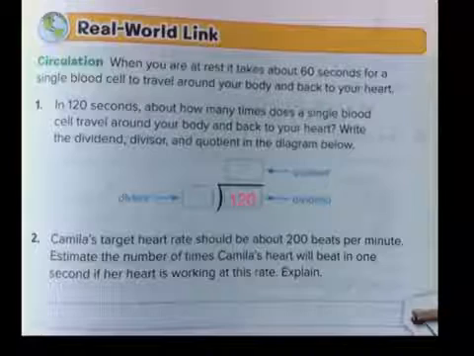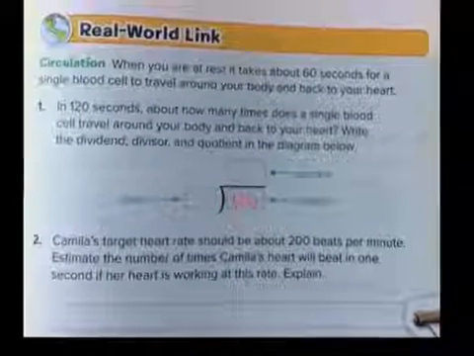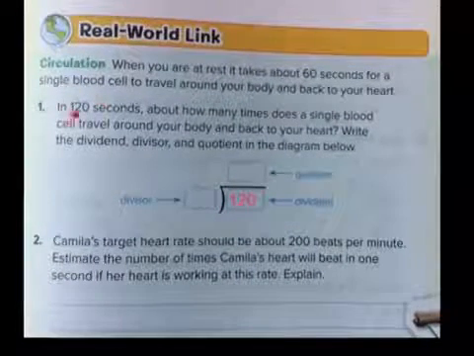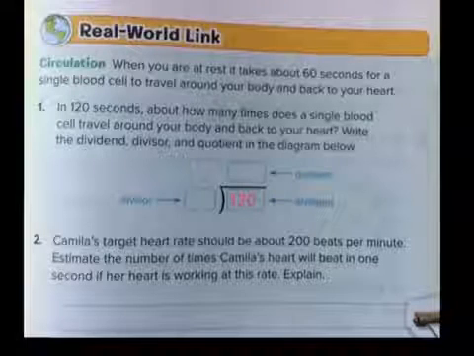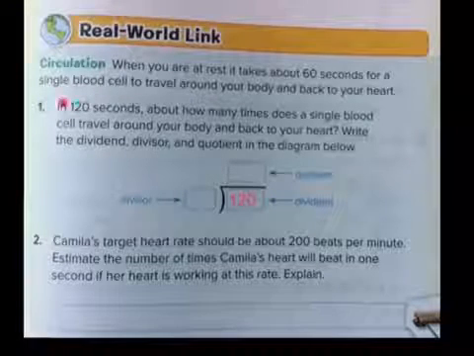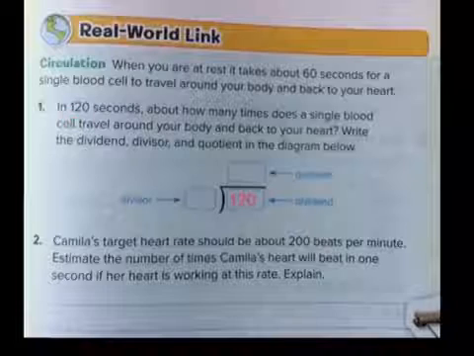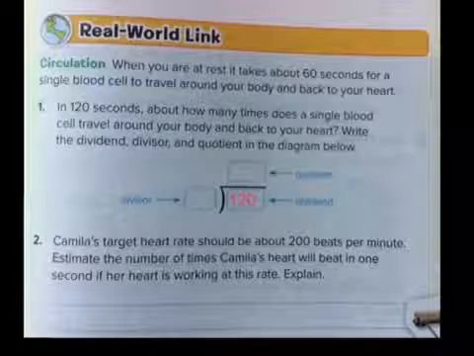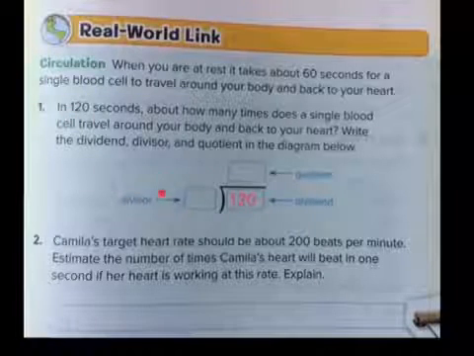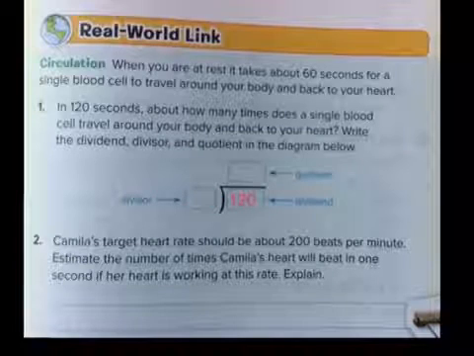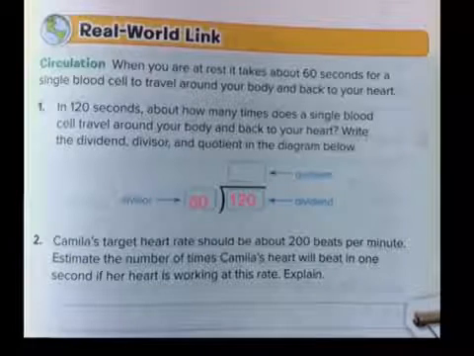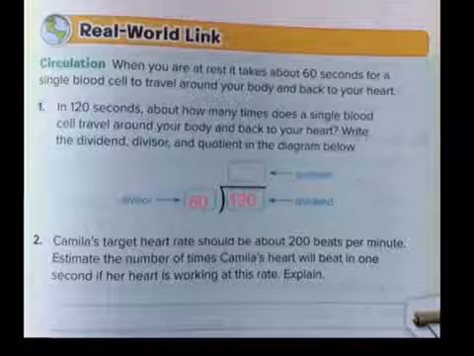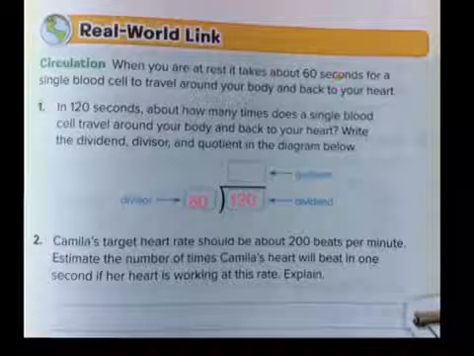So we're looking at 120 seconds as our dividend, because we want to know about how many times it has traveled in this period of time. And we are going to also add in our divisor, and our divisor is 60 seconds, because we know that 60 seconds is how long it takes to go around the body once.